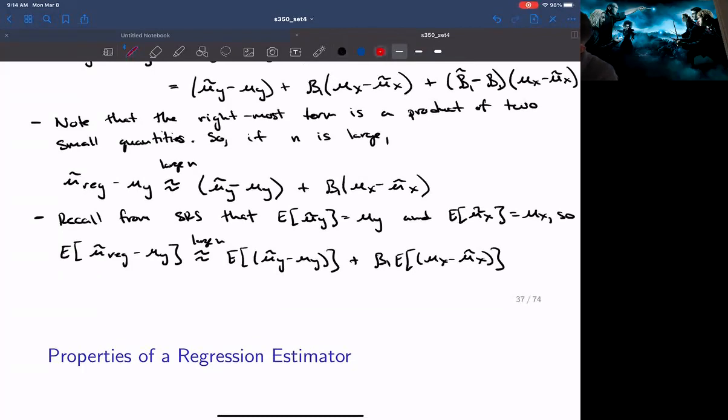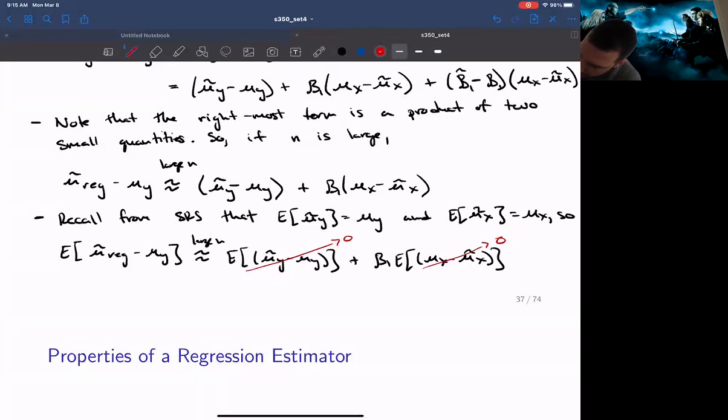So this term here is approximately going to go to 0. This term here is also going to go to 0. The reason is simply that if we bring the expected value in, you now have the expected value of mu tilde y minus mu y, and then plus beta 1 times mu x minus the expected value of mu tilde x. So that becomes mu y minus mu y, which is 0. And then it becomes mu x minus mu x, which is also 0.